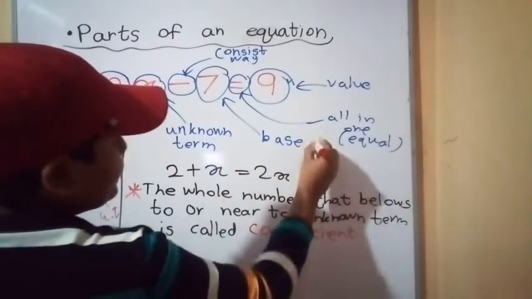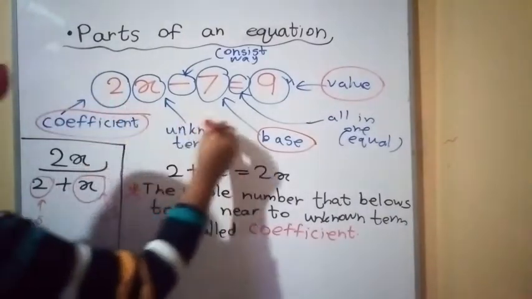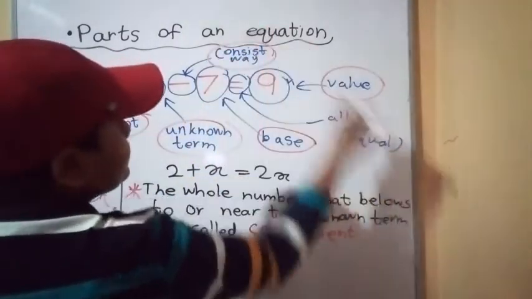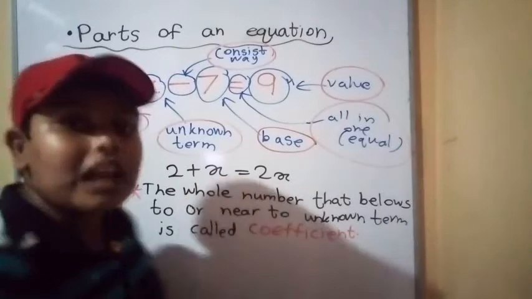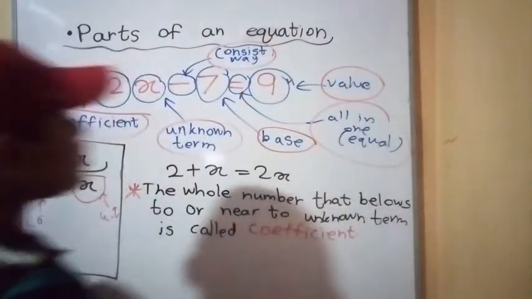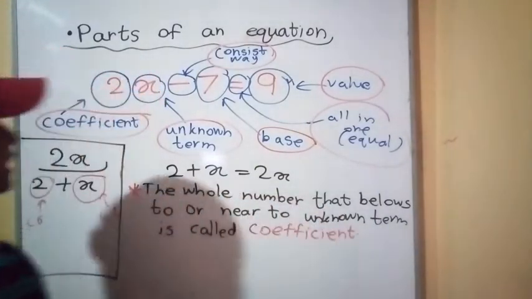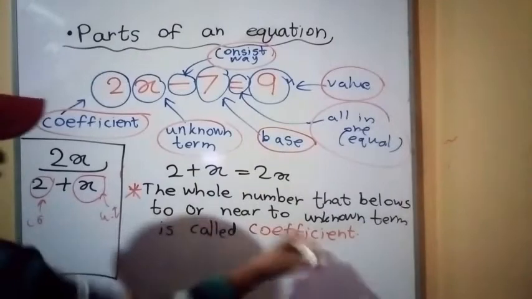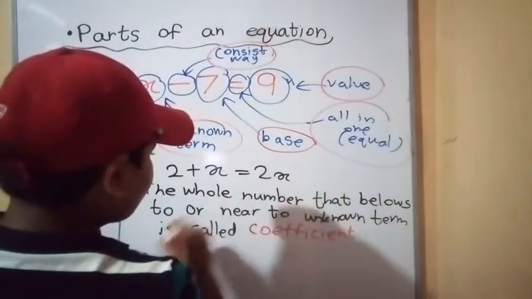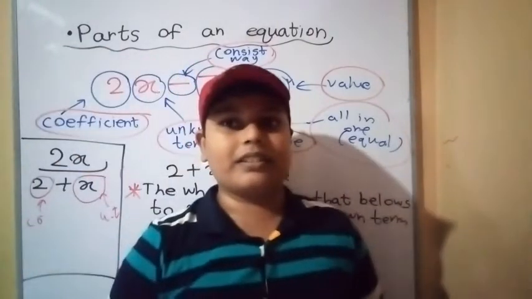This base, this value, this coefficient, unknown term, consistent way and all in one are all main for each other in this equation. These are called the parts of an equation. The whole number that belongs to or is near to the unknown term is called the coefficient.